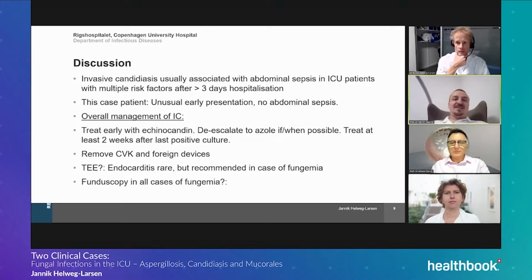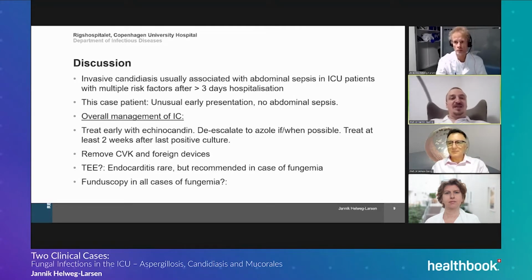Fantastic. So I just want to add, because this is also something we looked at in the ECMM, this multi-center European study with 60 participating centers reporting their first 10 cases of candidemia occurring after July 2018. And also there we found, I mean, it's always confounded because not all patients get a TEE or a TTE or a fundoscopy, right?